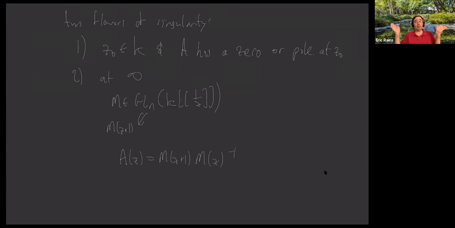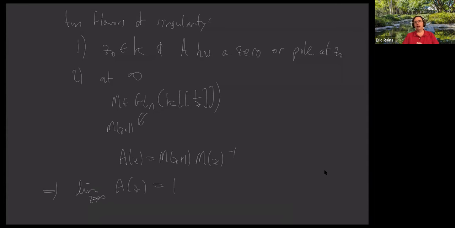And so this tells us something about what it has to be if this is going to happen. In particular, the first thing we note is that M and M of Z plus 1 are the same at infinity, because 1 over Z and 1 over Z plus 1 both vanish at infinity. So the limit as Z goes to infinity of A of Z has to be 1 if we're going to be non-singular at infinity.